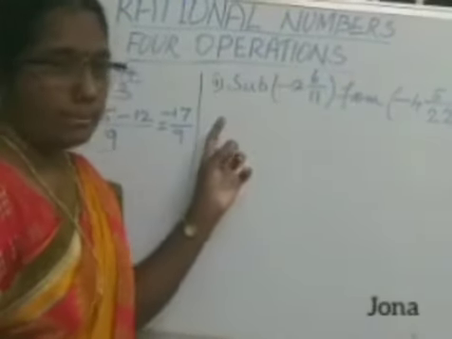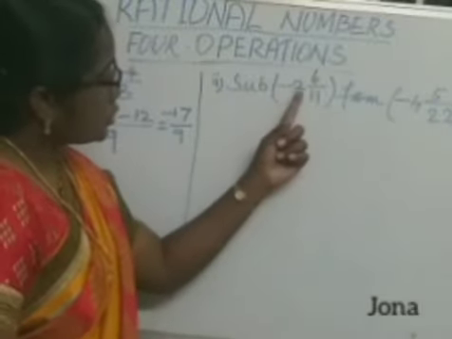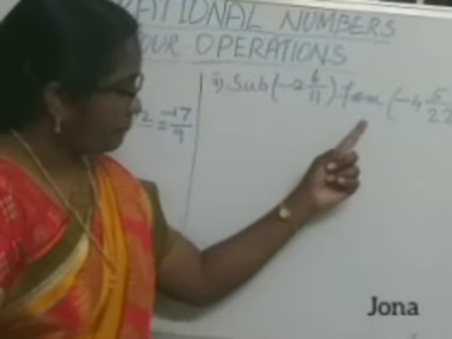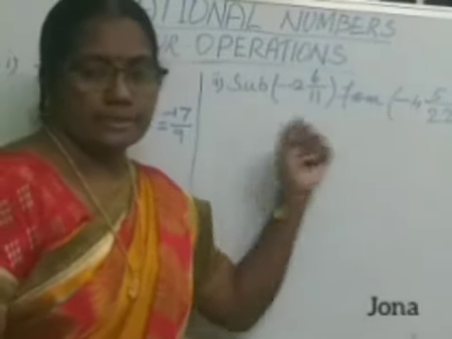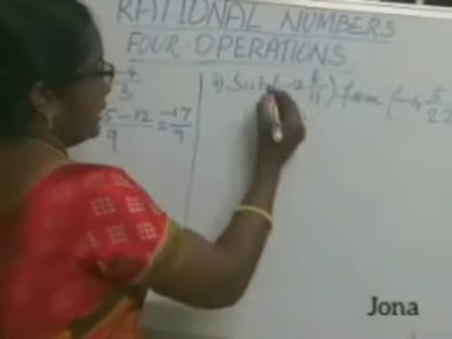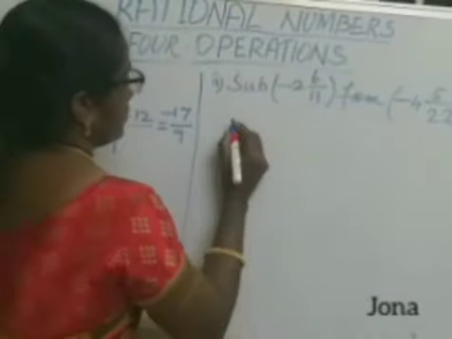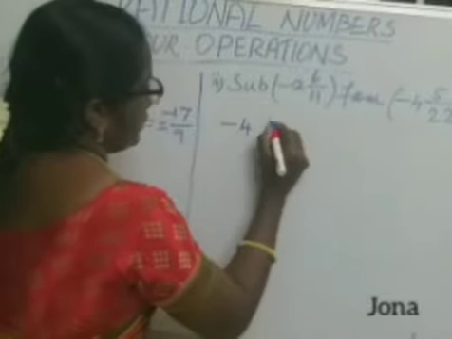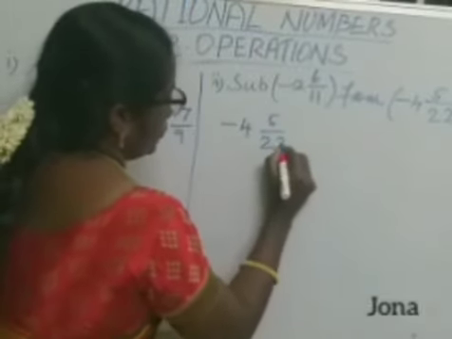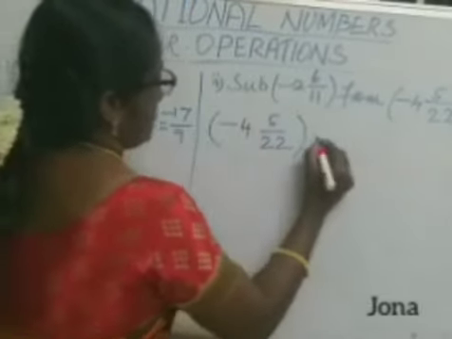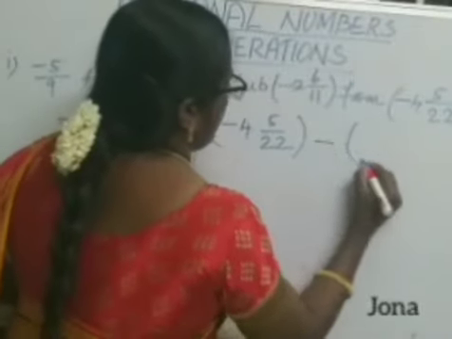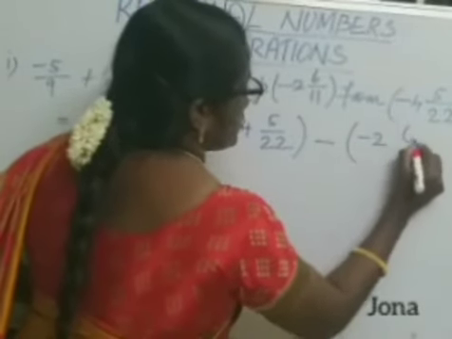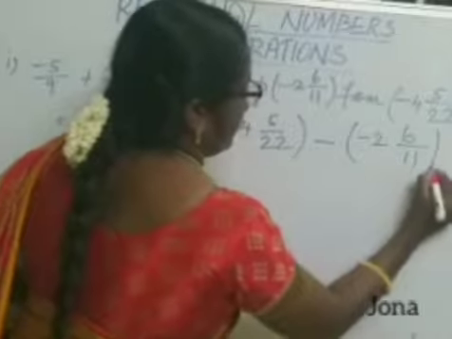Look at the next problem. Subtract minus 2 6 by 11 from minus 4 5 by 22. So here we have minus 4 5 by 22 minus of minus 2 6 by 11.